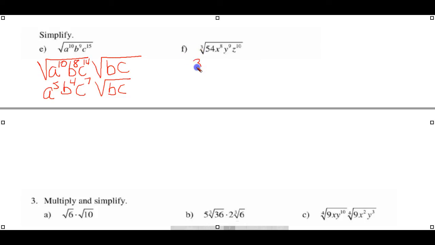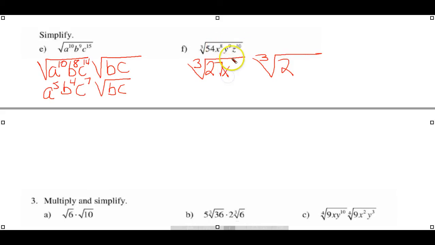Again, two sets of radical signs. And we're showing you the method for factoring and then simplifying. We're going to divide this by 2 and get 27, which is a perfect cube. And then now anything that's divisible by 3 is a perfect cube.